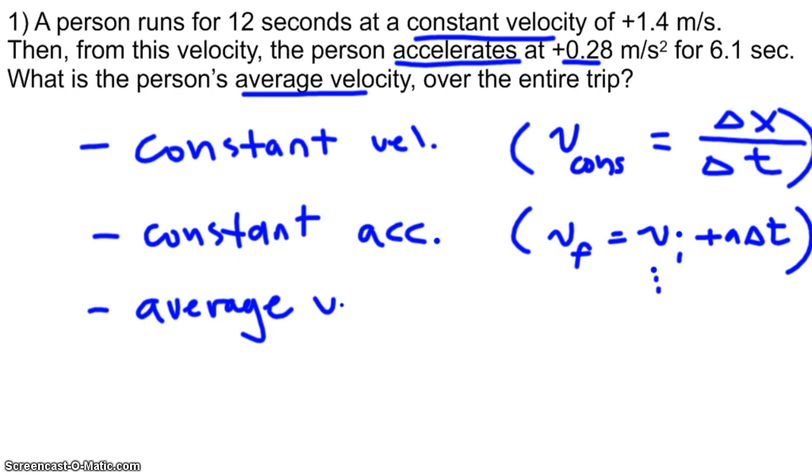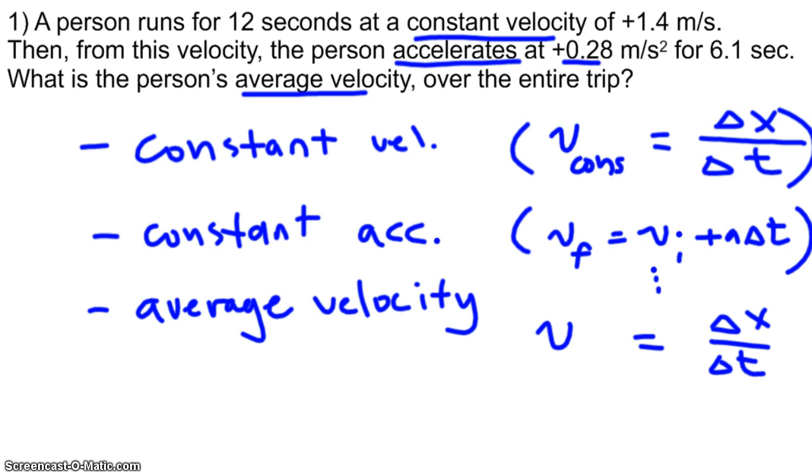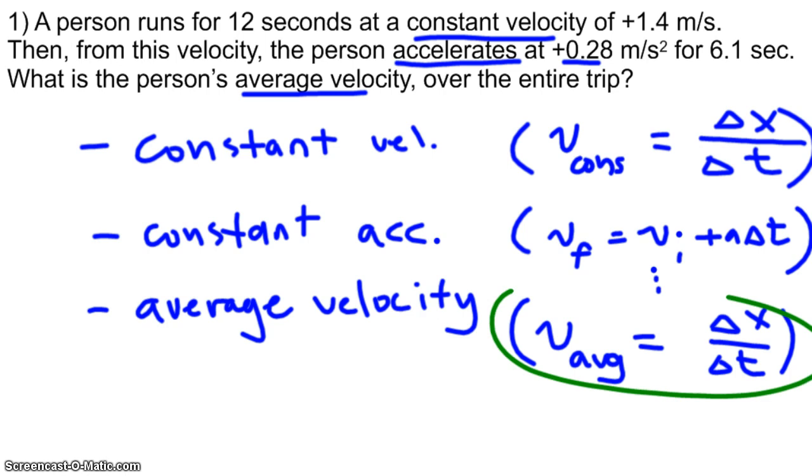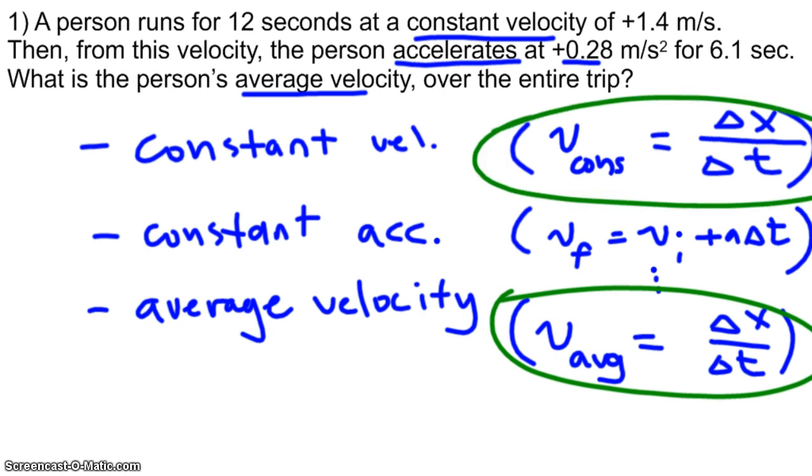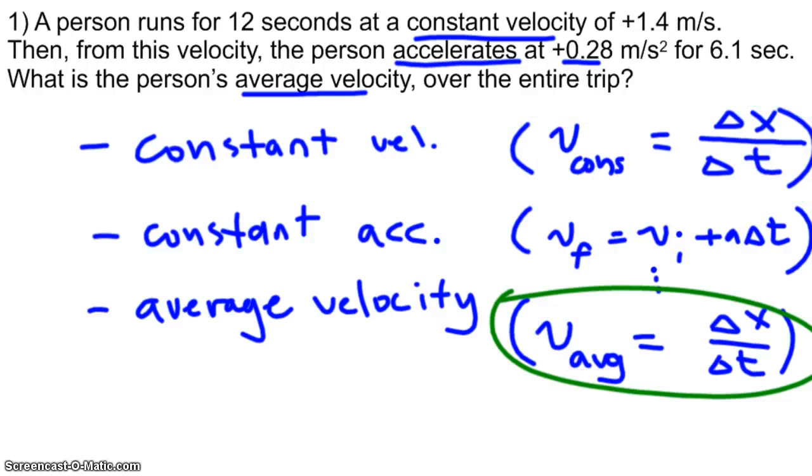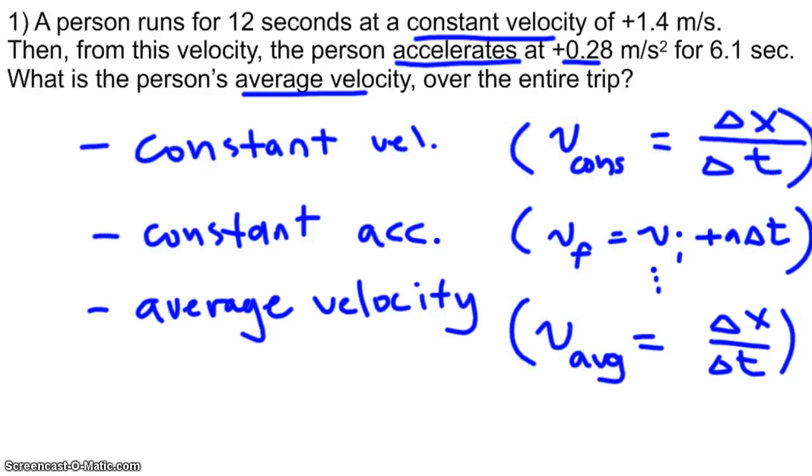So as soon as you see average velocity, what are you thinking? You're thinking about the equation v equals delta x over delta t, where v is the average velocity. The average velocity equation is really almost the same as the constant velocity equation. The only difference is what the v stands for, average or constant velocity. So look at this. These are 3 flashcards.